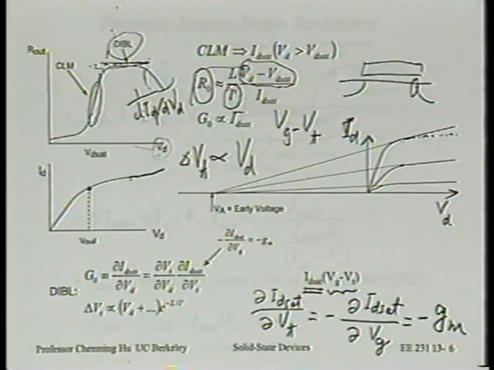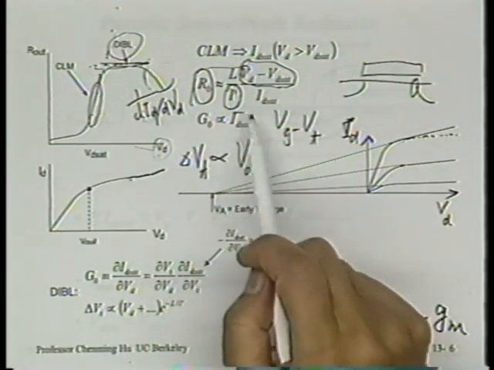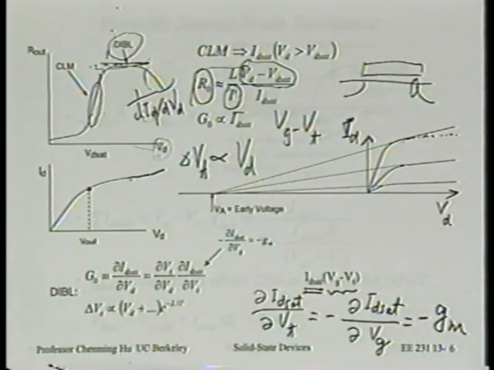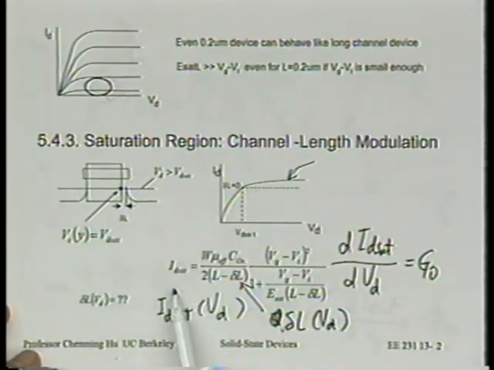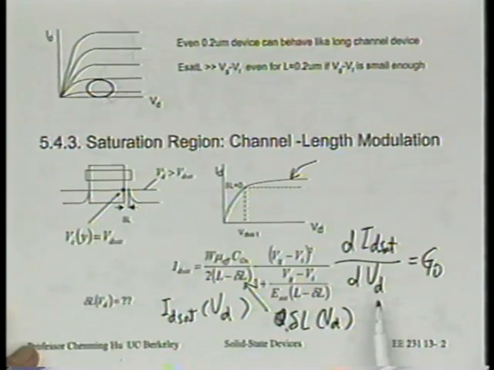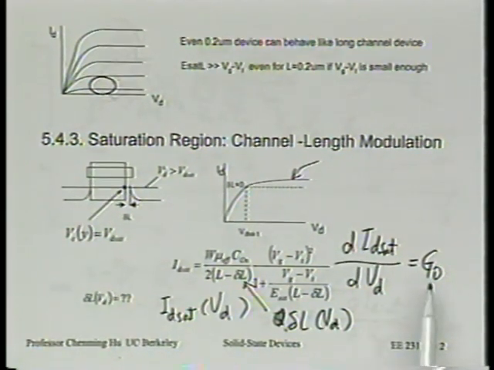It so happens if you do this analysis, you find out R out is inversely proportional to ID set. I guess it's not surprising because, when you differentiate this ID set with respect to Vd in order to get GL, you know what you're going to find?